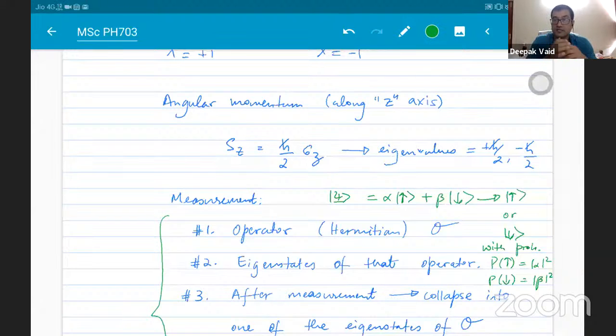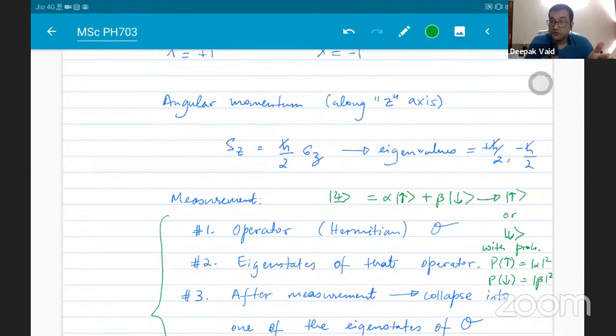It doesn't mean that, for example, let's say alpha and beta are equal. Let's say you set them both to be equal to 1 by root 2. Why 1 by root 2? Because 1 by root 2 squared is 1/2, and 1/2 plus 1/2 is 1. So if they are both equal to 1 by root 2, and you conduct the experiment once and you get the up state, does this mean that the next time you will get the down state?